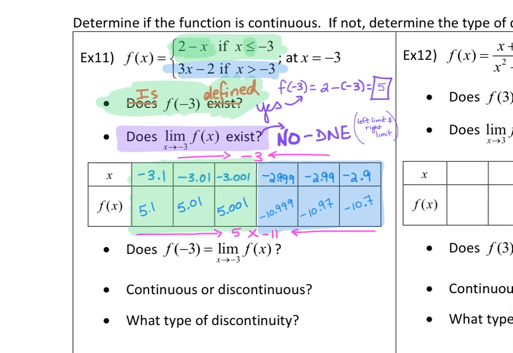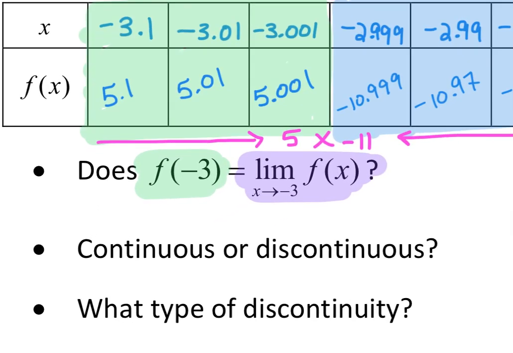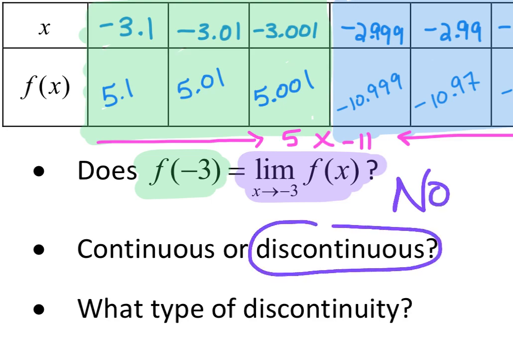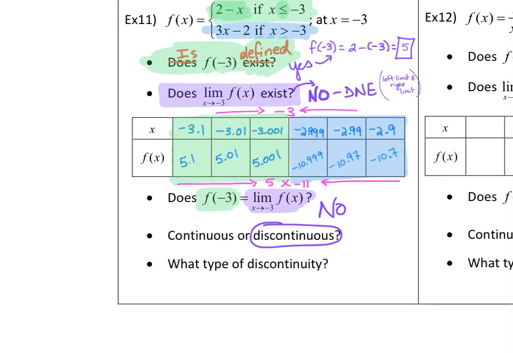Now, the last question then is, does the value of the function at -3 equal the limit of the function at -3? And clearly it doesn't, because the limit doesn't exist. So we're basically saying no, the function's not continuous, or it's discontinuous at -3 because the limit doesn't exist.